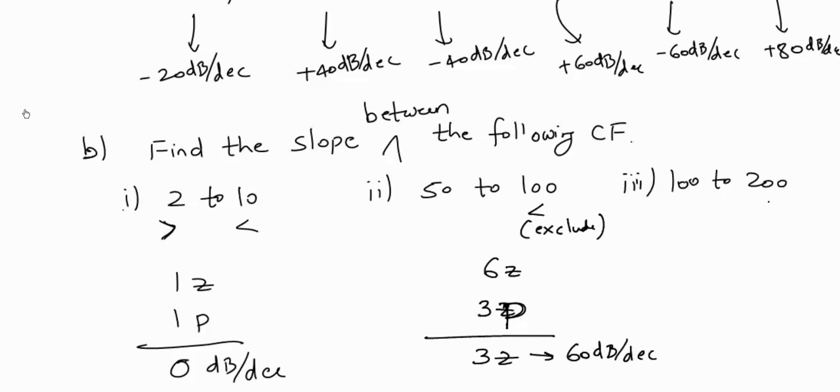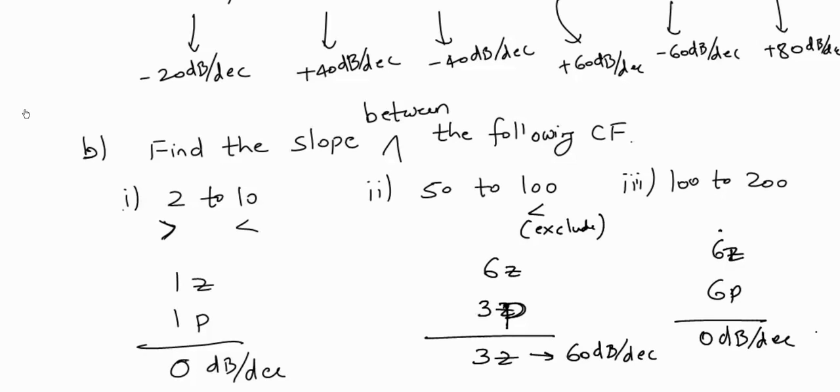Similarly, you can find the slope between 100 and 200. You have to calculate the number of poles and zeros up to 200, and you should not include 200. Up to 200 we have 6 zeros and 6 poles, so it will be 0 dB per decade.